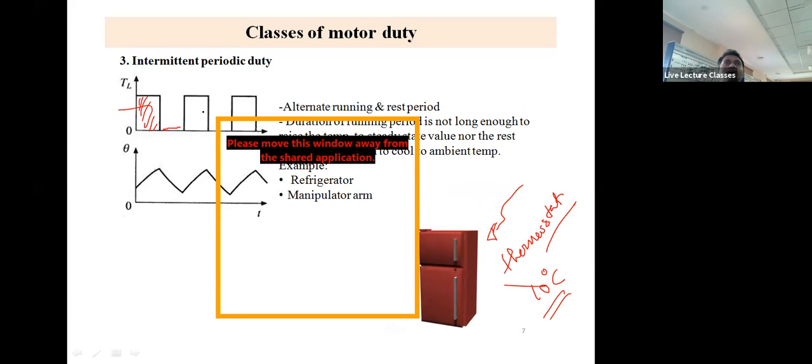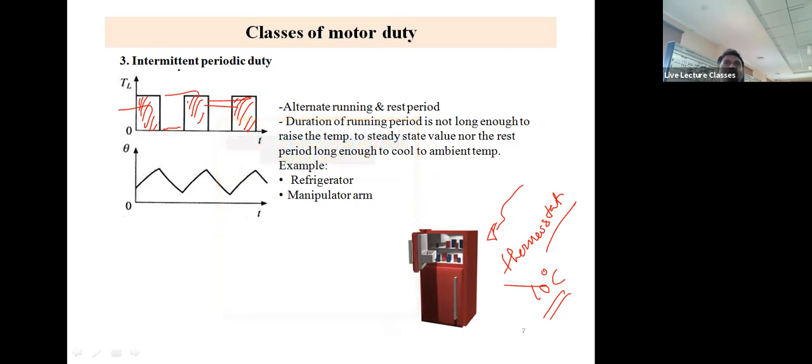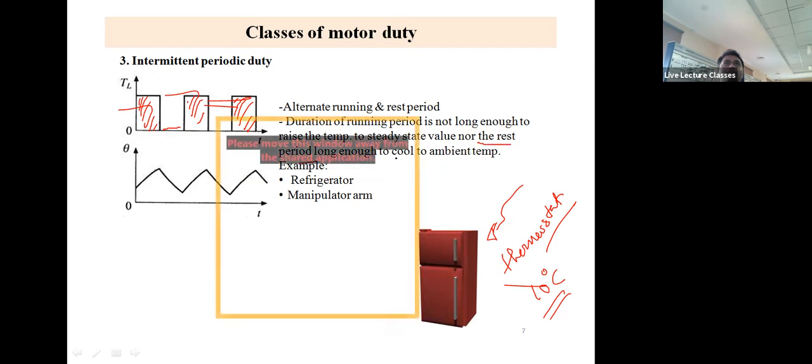Again it is on for some time. When the temperature increases beyond the predefined limit, again it goes off, on and off. So it is called intermittent duty. The duration of the running period is not long enough to raise the temperature to steady state value, nor is the rest period long enough to cool to ambient temperature.